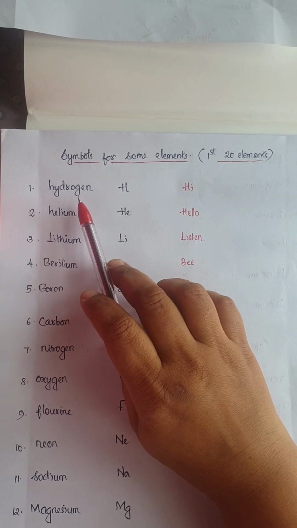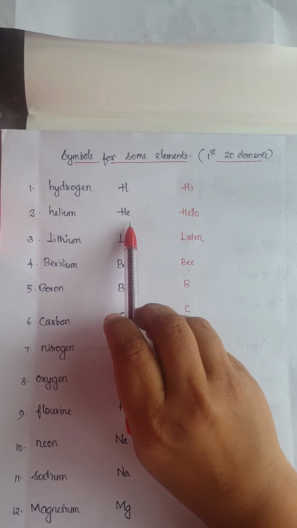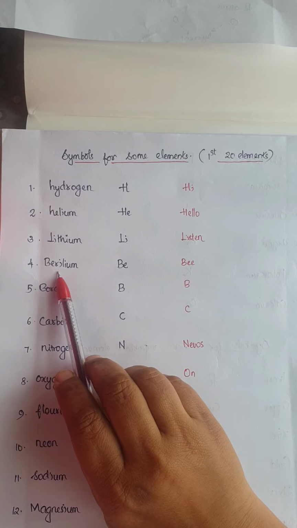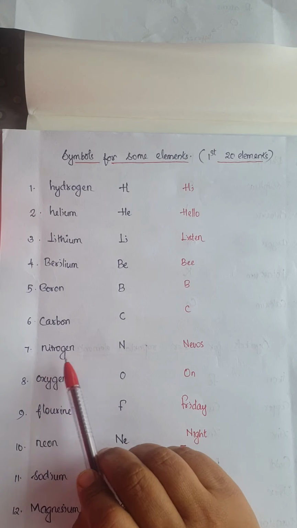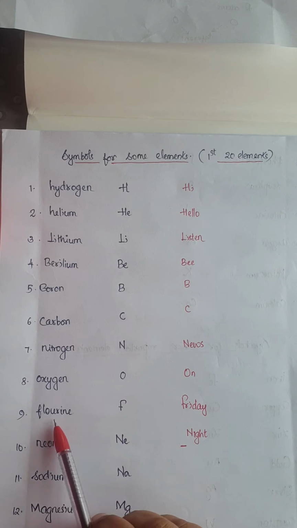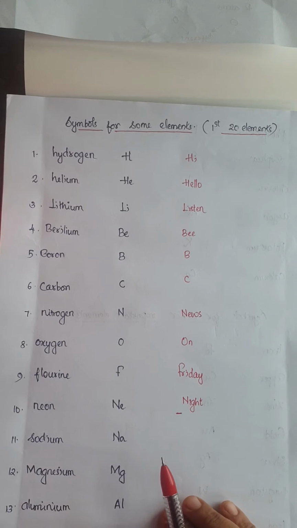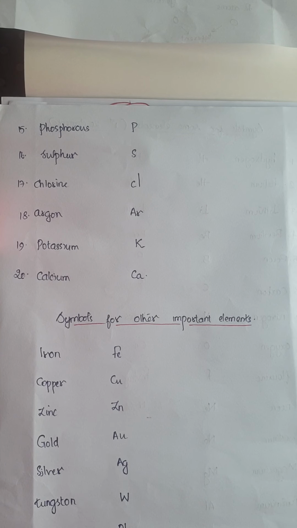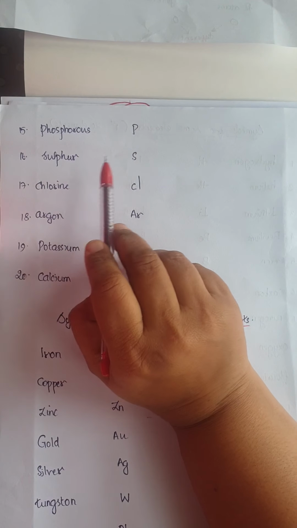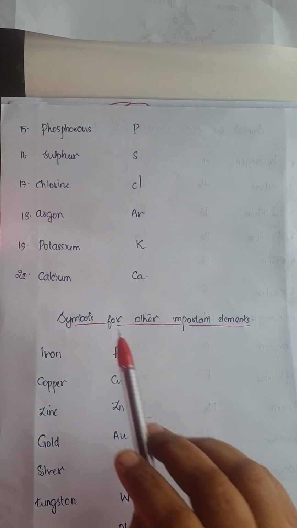First element is hydrogen, and the symbol for hydrogen is H. Next is helium, He, lithium, Li, beryllium, Be, boron, B, carbon, C, nitrogen, N, oxygen, O, fluorine, F, neon, Ne, sodium, Na, magnesium, Mg, then aluminium, Al, silicon, Si, phosphorus, P, sulfur, S, chlorine, Cl, argon, Ar, potassium, K, calcium, Ca.